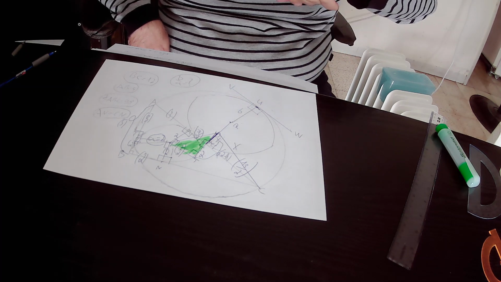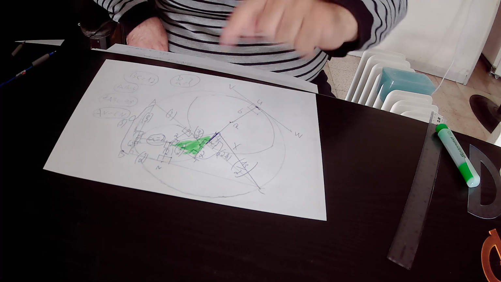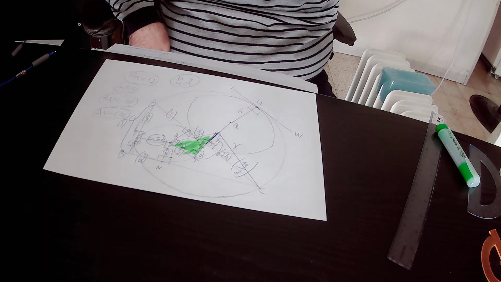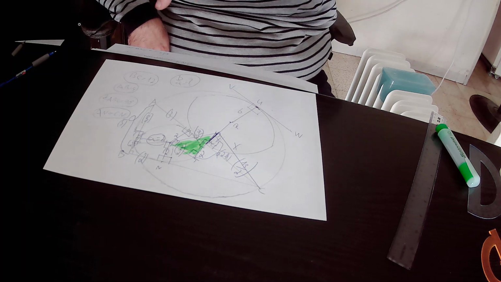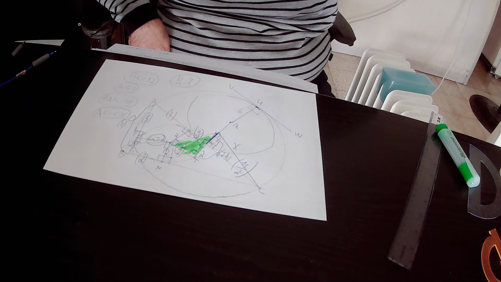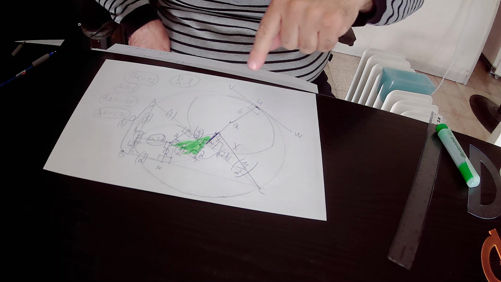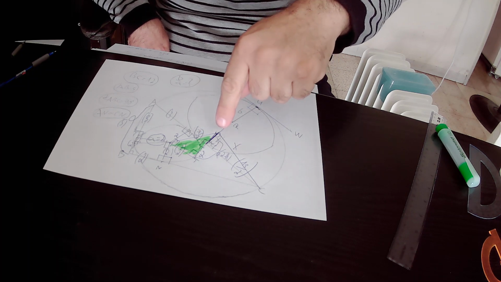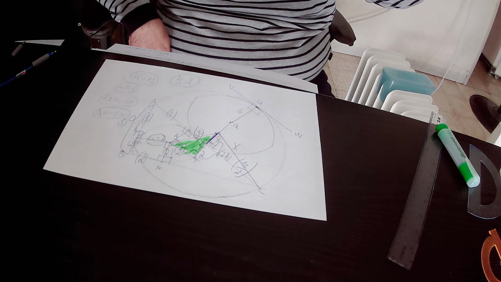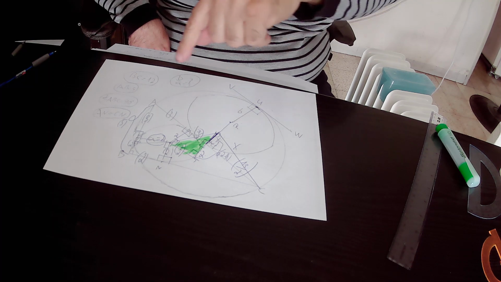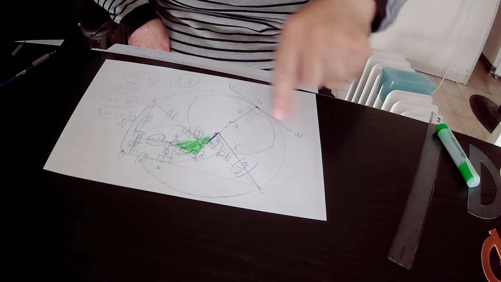The radius QN is drawn to point N, that is the point of tangency of tangent AC with this circle. And whenever a radius is drawn to the point of tangency, then tangent AC will be perpendicular to the radius NQ. That is to say, this angle will be equal to 90 degrees and this angle equals 90 degrees. Therefore, we can write down that the radius QN is also perpendicular to AC.